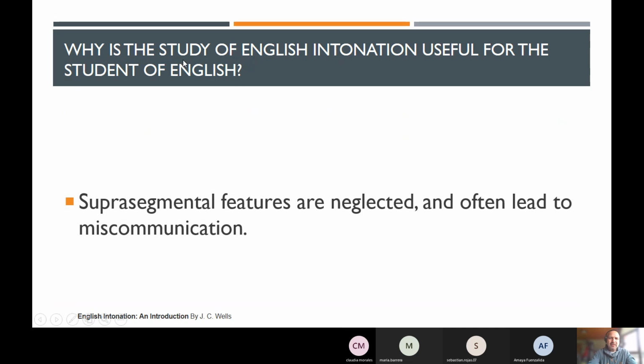Let me know if you understand the difference between segmental and suprasegmental. Is that clear for you? Yes. No. Yes. Okay.